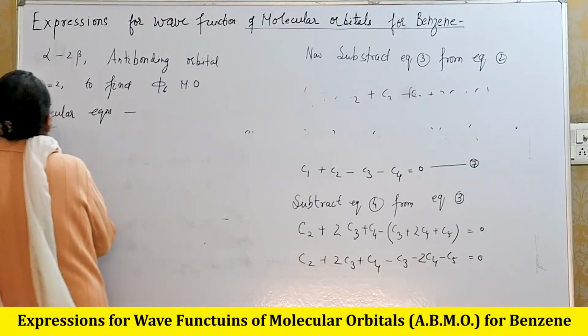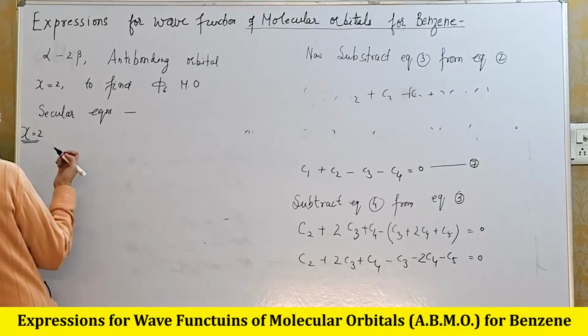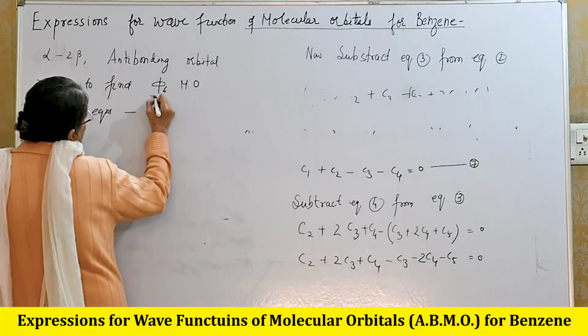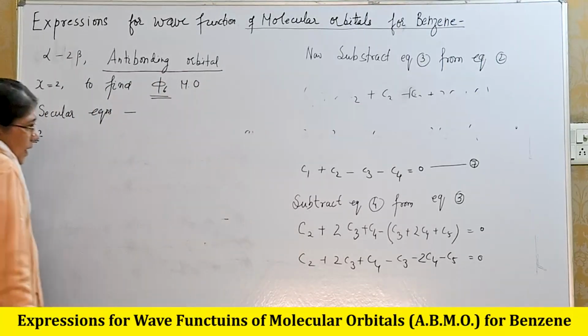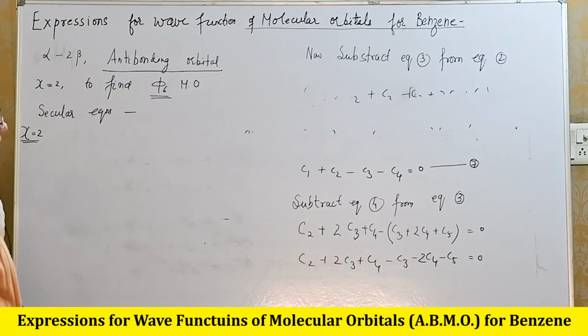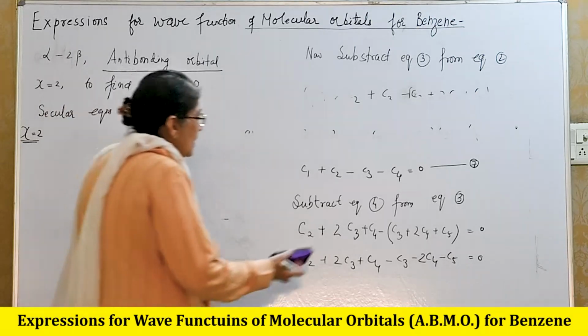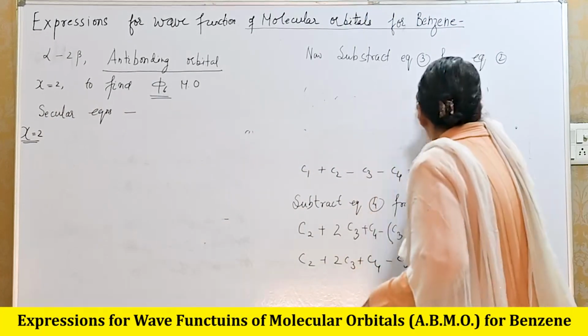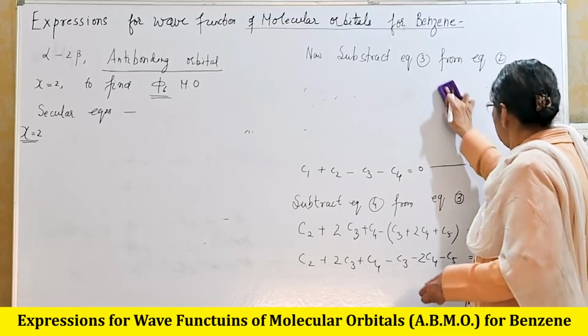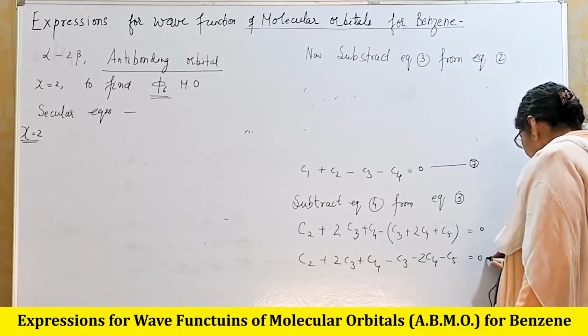This is for phi 6, the anti-bonding orbital. Say this is equation number 8.